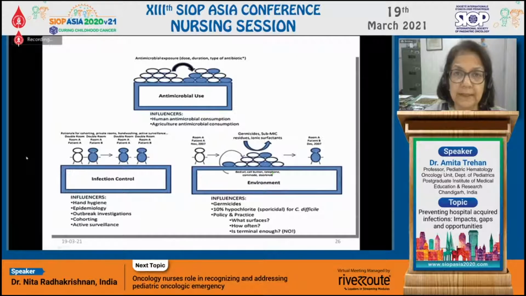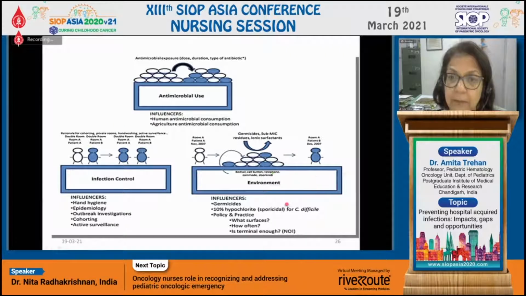This looks a little busy, but I'll tell you in brief what it means: you have to attack all three areas. One is your antimicrobial use. Be very careful about which antimicrobial you are using. Then infection control, the most important, we all agree, hand hygiene, looking into the epidemiology, outbreaks, active surveillance.